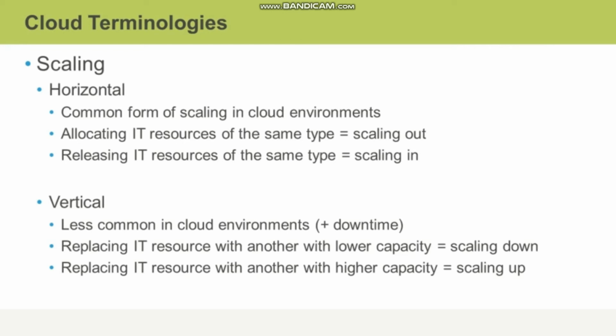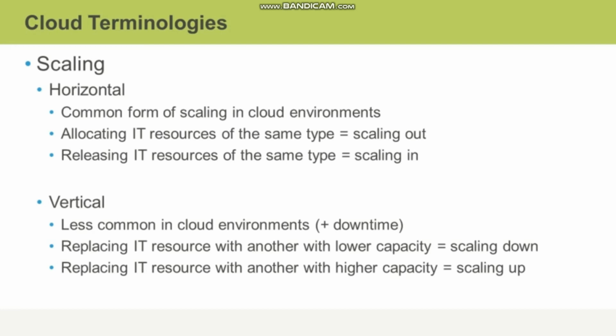So, for example, if you have a very robust website that needs multiple servers to service the requests, then adding more servers for that same website is referred to as scaling out. Releasing IT resources of the same type is the exact opposite. So scaling in. Maybe you allocated, let's just say for argument's sake, 10 servers, and you decide, well, that's a little bit of overkill. We're not utilizing those resources effectively enough. So we'll pull some of them back, maybe cut that in half to 5 servers.